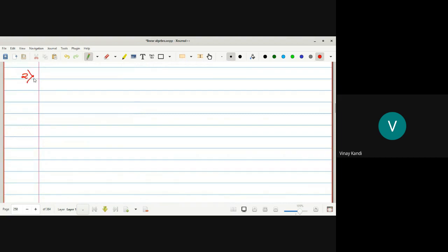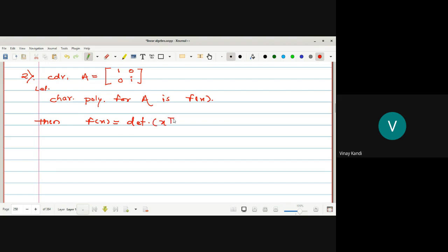Consider A is equal to 1, 0, 0, I. The characteristic polynomial for A is f of x, which is equal to the determinant of xI minus A. Now tell me what are the eigenvalues.